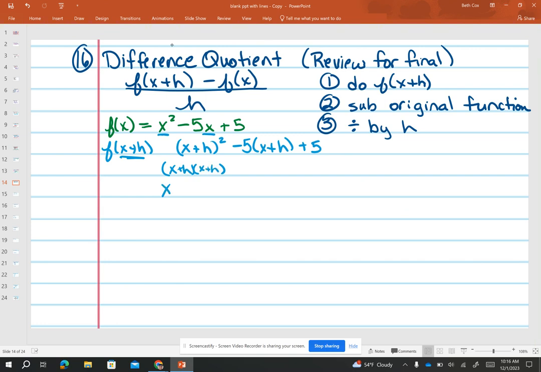I got to do my FOIL: x squared plus xh plus xh plus h squared, which is x squared plus 2xh plus h squared. Distribute the negative 5 and the 5. That is all step 1.